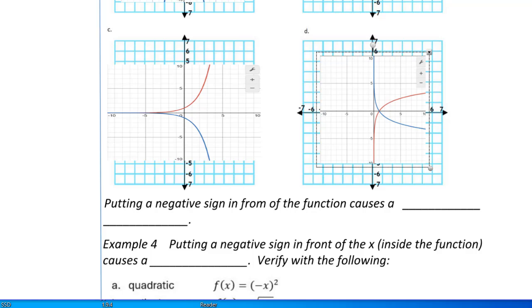All right, it's going to be a little bit hard to write that, but let's just see here if I can. Reflection in the x-axis.